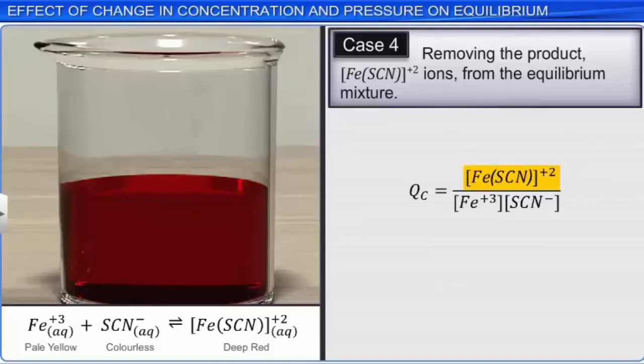This results in Qc becoming less than Kc. Hence, the forward reaction of Fe3+ and SCN- ions combining to give FeSCN2+ takes place. Thus, you can conclude that removing a product from the equilibrium mixture results in the forward reaction.